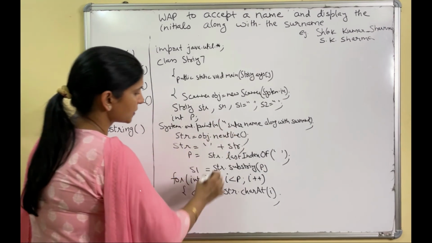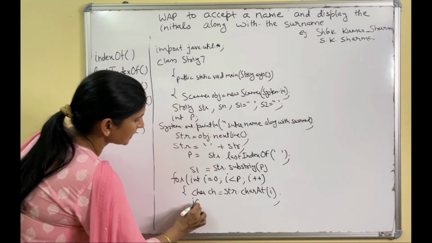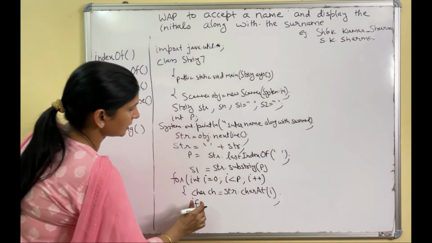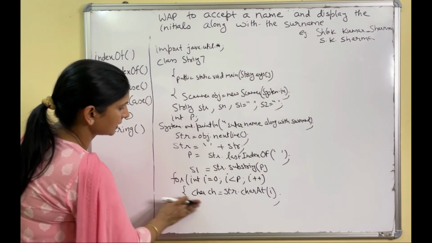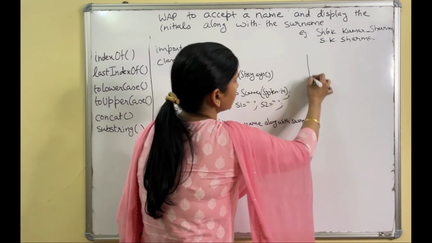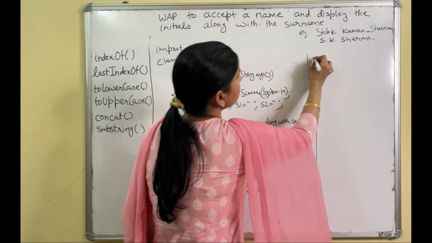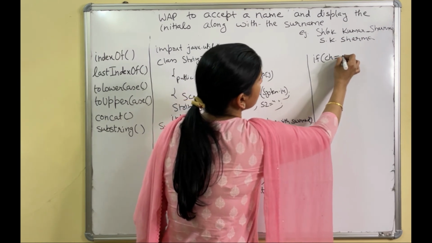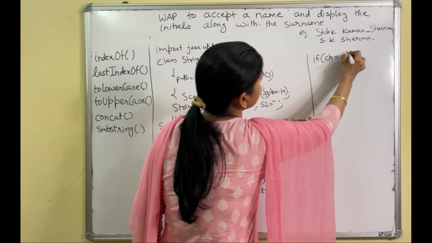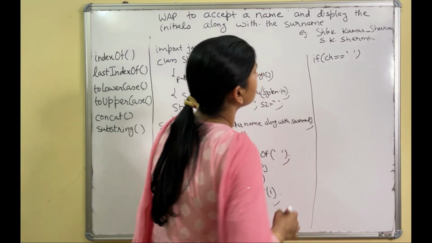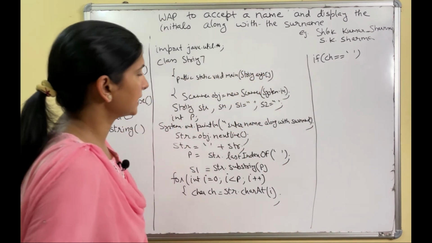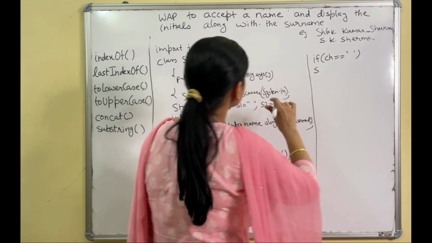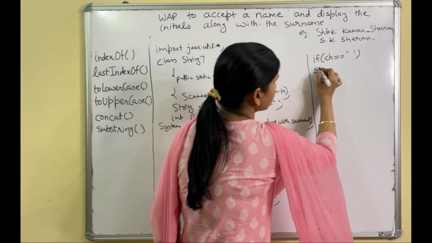So in ch again we will check. क्या check करना है हमें? If ch equals to blank. Okay, I am writing at the top. Here I am writing. If ch equals to blank, in that case S2, another string S2 में concatenate हो जाए.